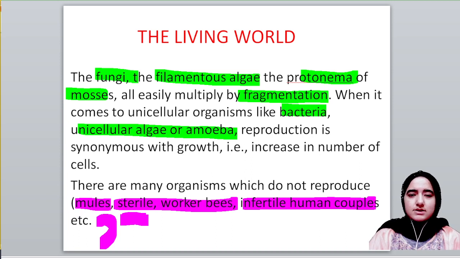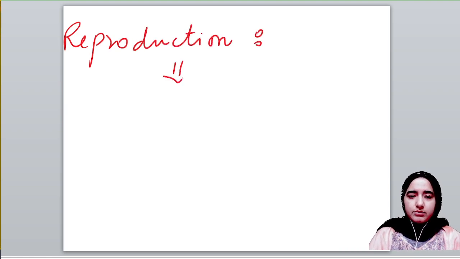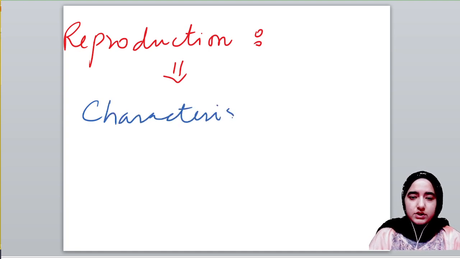So these organisms can't reproduce. So reproduction is also a characteristic feature, not a defining feature, because in reproduction we saw exceptions.